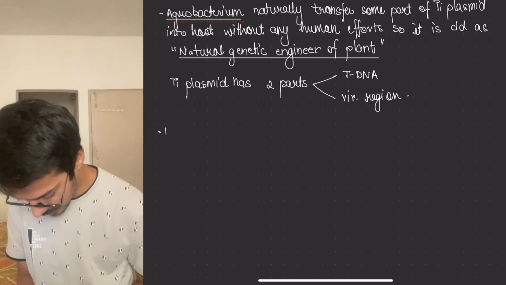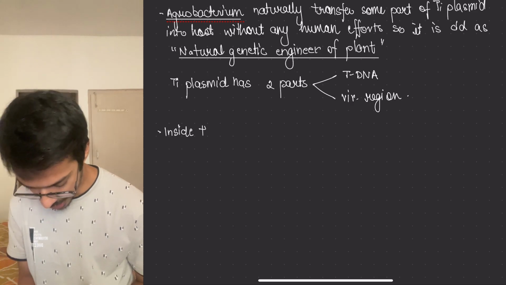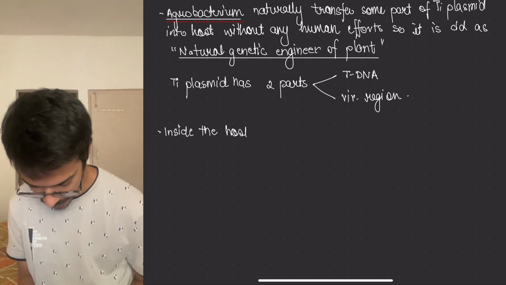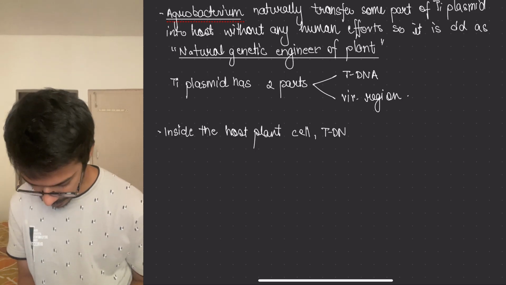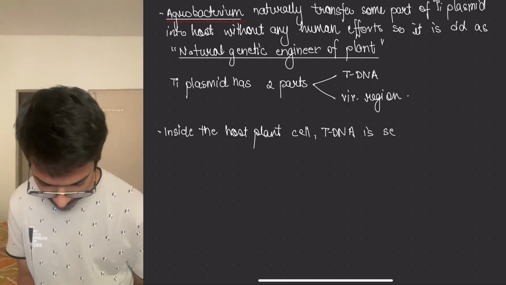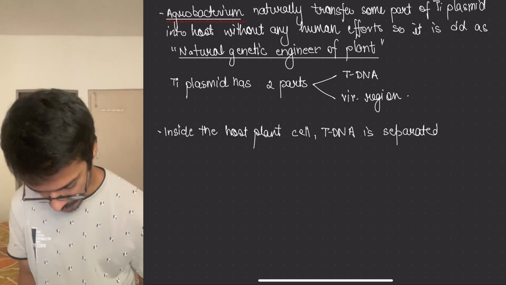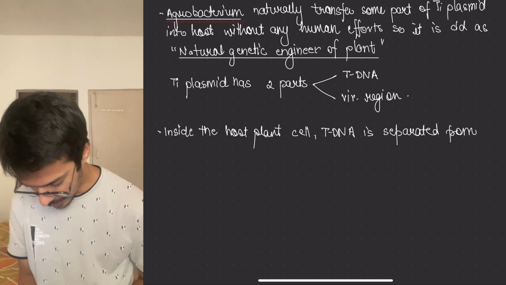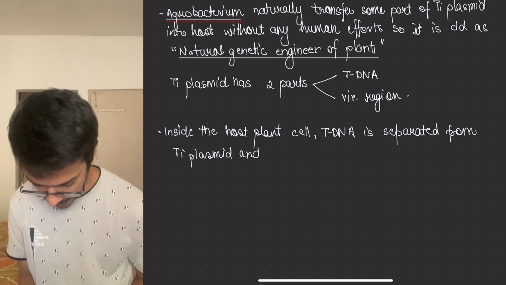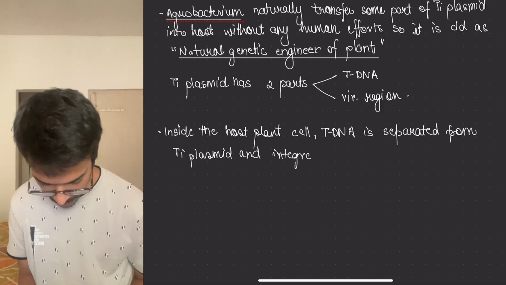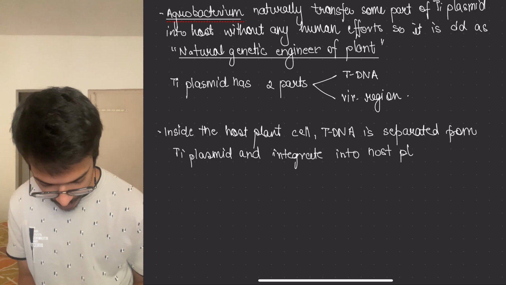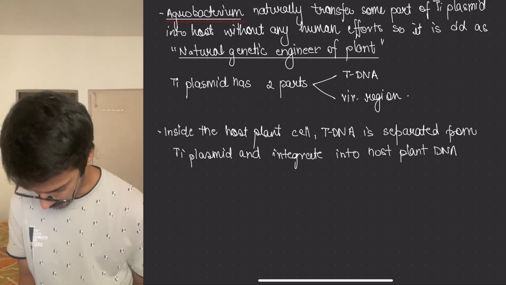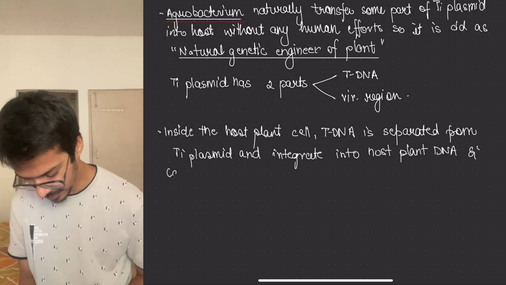Inside the host plant cell, tDNA is separated from Ti plasmid and integrates into host plant DNA and causes tumor.